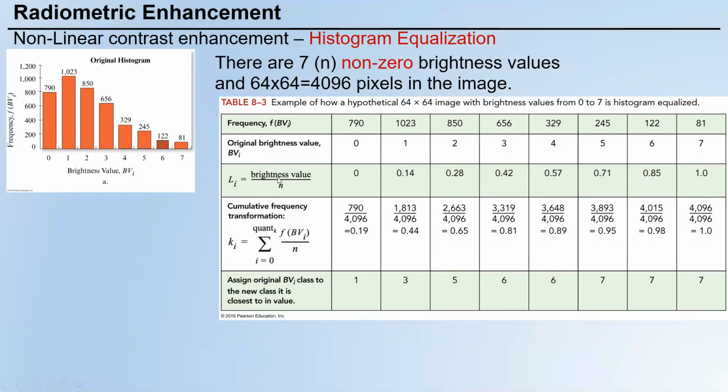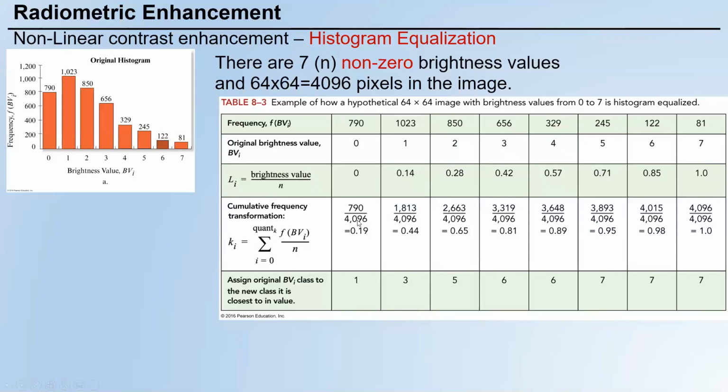Li is the ratio between the brightness value and 7, where n is 7, the number of non-zero brightness values. We have 7 non-zero values, right? For the first class, of course, the ratio is 0 because the brightness value here is 0. But in the second class, the ratio between 1 and 7 is this value. The ratio between 2 and 7 is this value, and so on for all classes. This row here is special. It's called cumulative frequency. It's still a ratio.